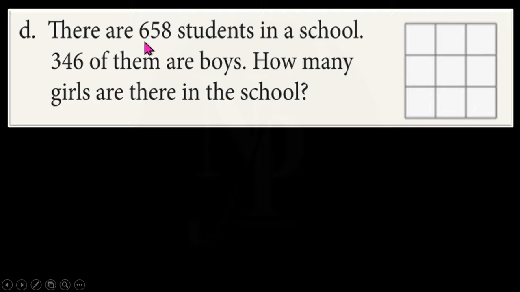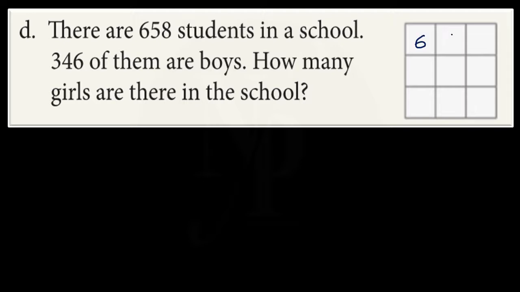Here, 658 is the total number of students in that school, and the number of boys is 346. So, to find the number of girls, we should subtract 346 from 658. Let us write down these numbers in the adjacent table here.